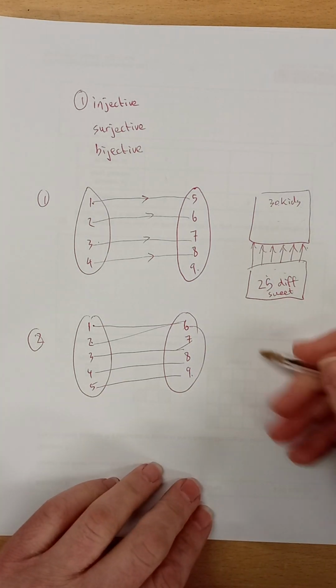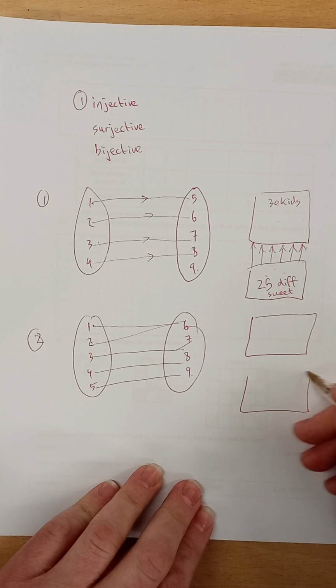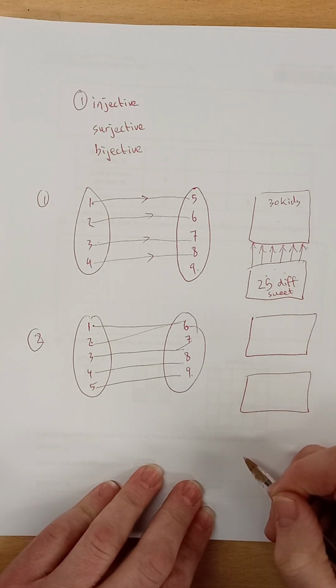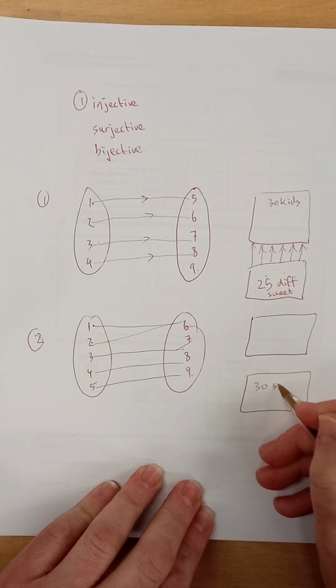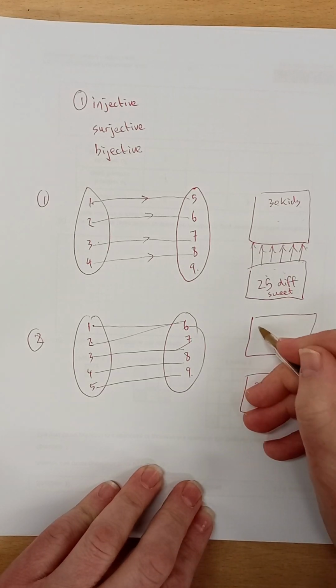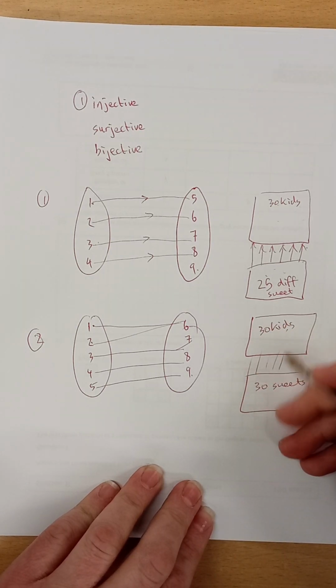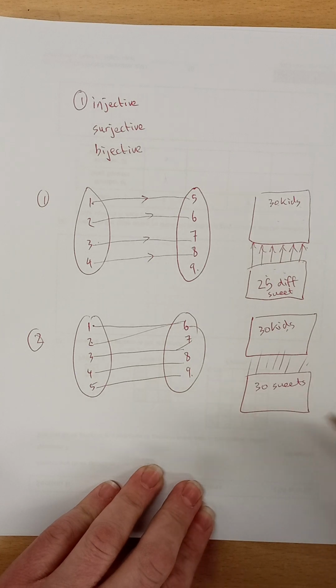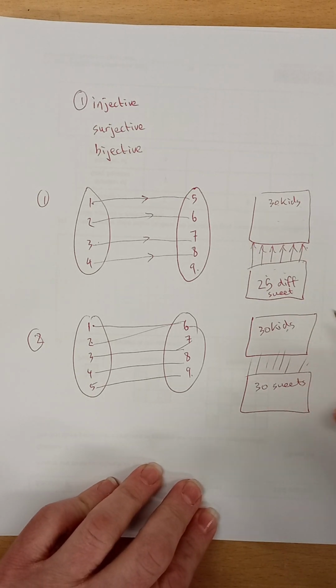Now, let's use it in our scenario here. Okay? So what it means is that I have 30 sweets and I have 30 kids. Okay, so every kid gets a sweet. However, they're not all guaranteed to get an individual sweet. Some of the kids might get the same sweet as some of the other kids, but every kid got a sweet.